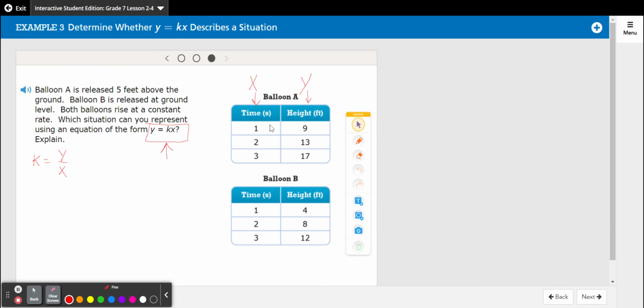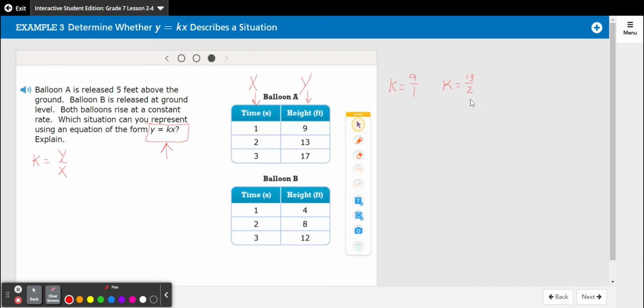So let's look at balloon A. The first one we have is 9 and 1. So in order for it to be k, the k here would equal 9 divided by 1. Well, 9 divided by 1 is 9 over 1, okay? And the second one would be k equals 13 over 2.